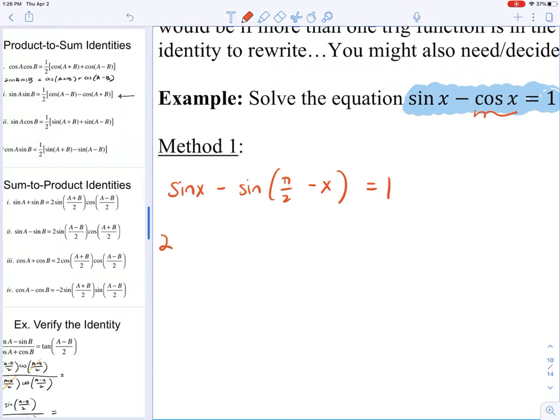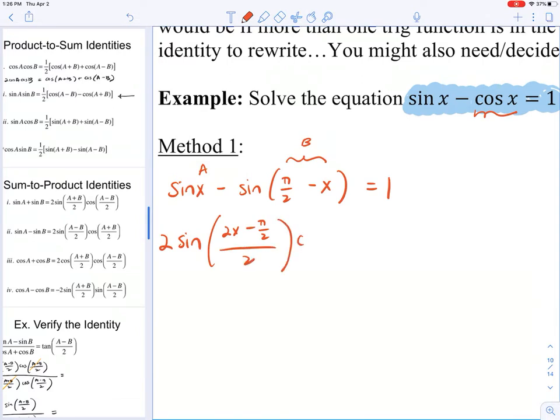as 2 times sine of A minus B over 2. If I'm treating this angle as angle A and this as angle B, then angle A minus angle B would just be 2x minus pi over 2.